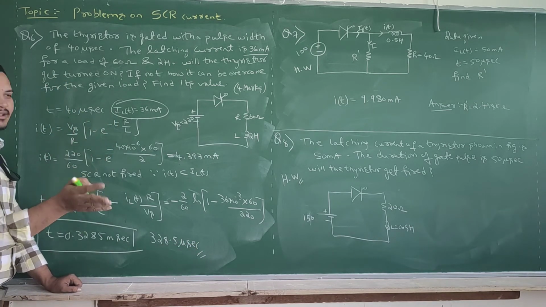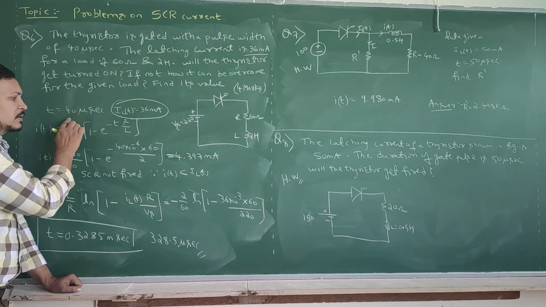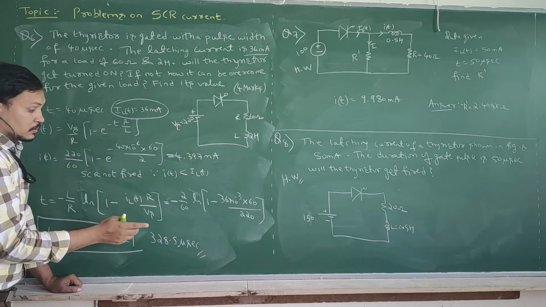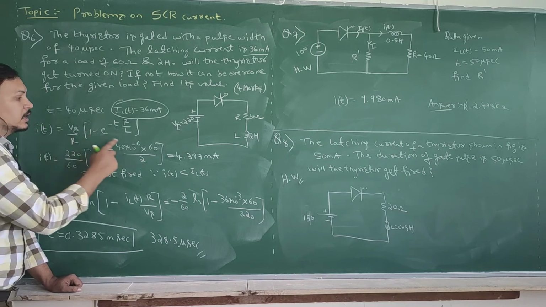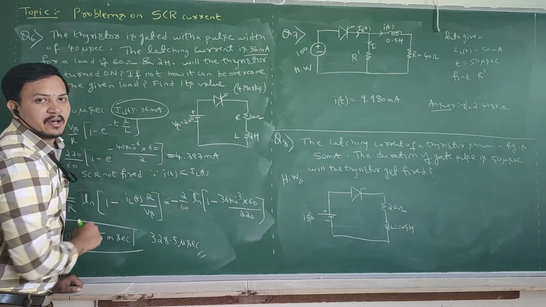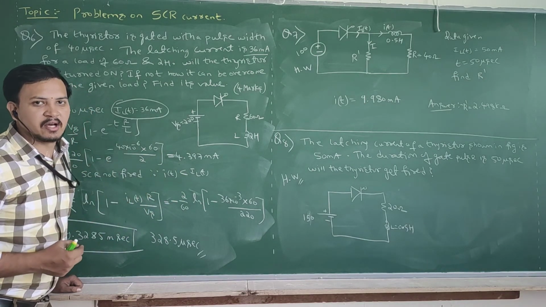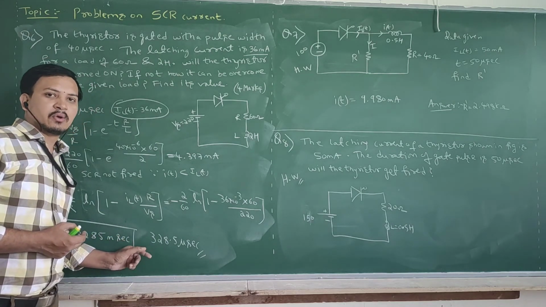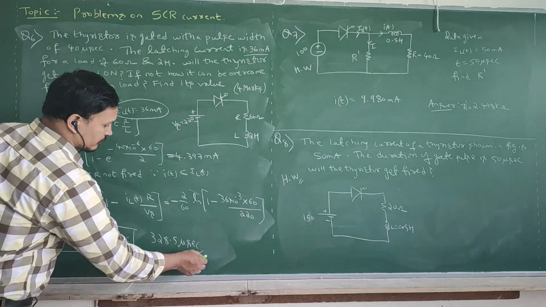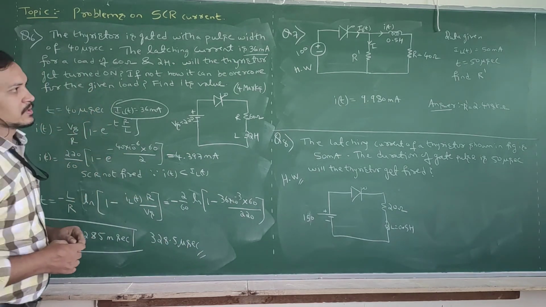So SCR will not trigger at 40 microseconds. See, at 40 microseconds we got this current. So at 328.5 microseconds, your I of t will become 36 milliampere. Then the condition is satisfied. Therefore, we can trigger the SCR with this pulse width duration. Okay, got it, guys? Very important problem. 4 marks they will ask.